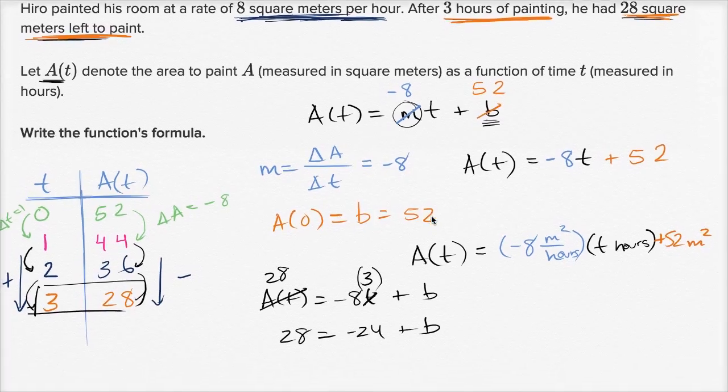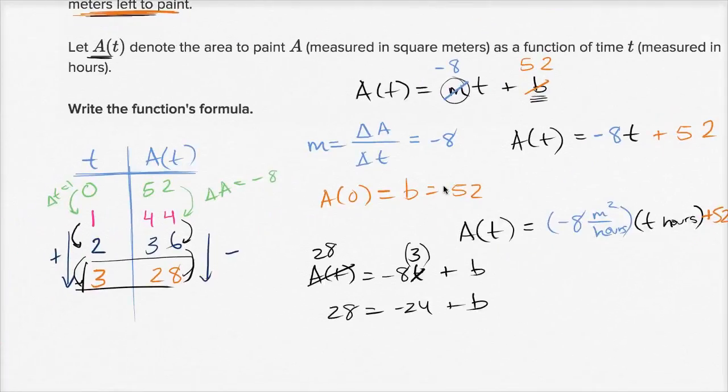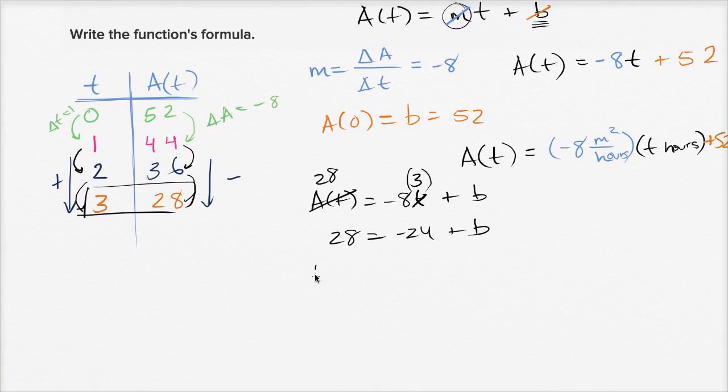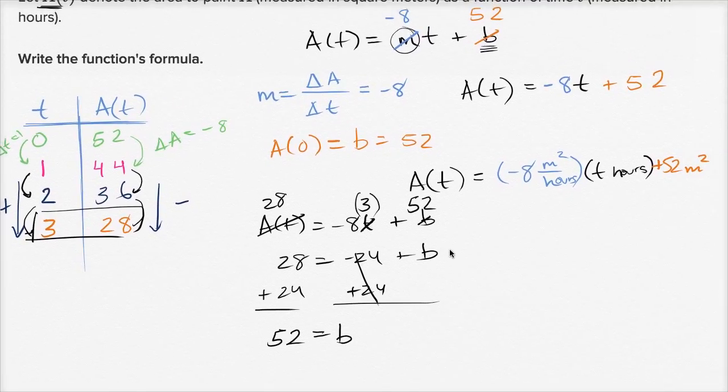Then you would have added 24 to both sides. 28 plus 24 is 52, and on the right side you would just have b. You get b is equal to 52, which is exactly what we got over there.